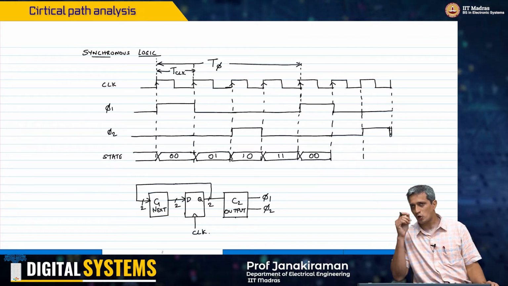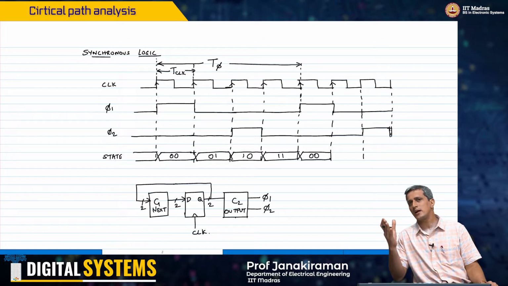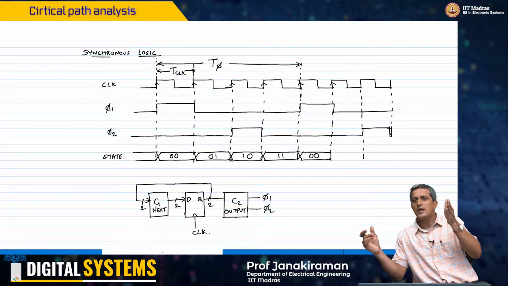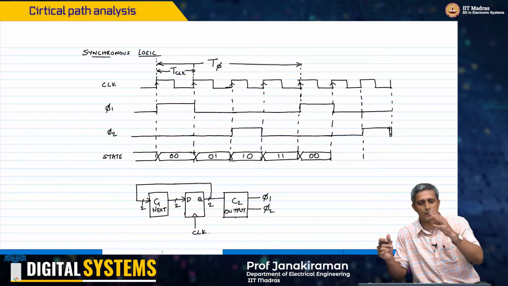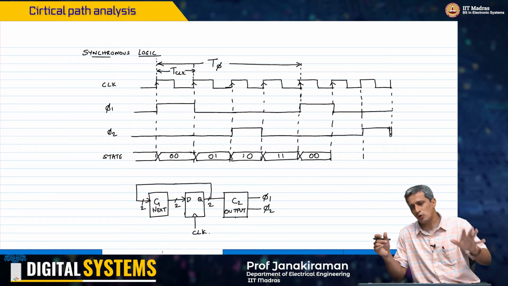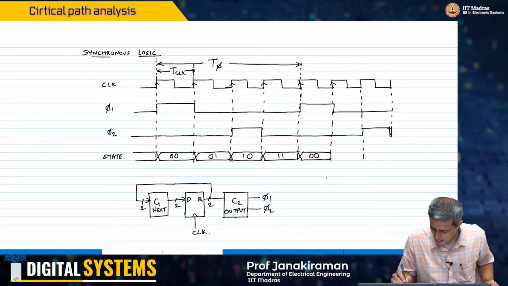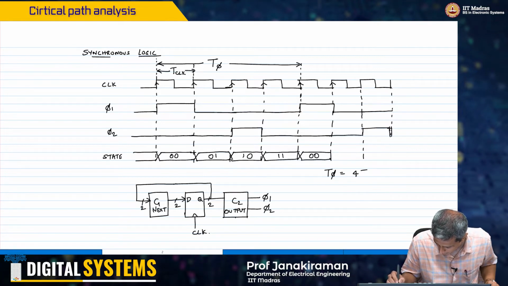When you're talking of clocks in digital circuits, the duty cycle doesn't matter as long as the periodicity is maintained, because flip-flops care only for the rising edge. That's all that matters. So to a first order, we don't have to worry about the duty cycle. But in any case, what you see is that T phi is equal to 4 times T clock.